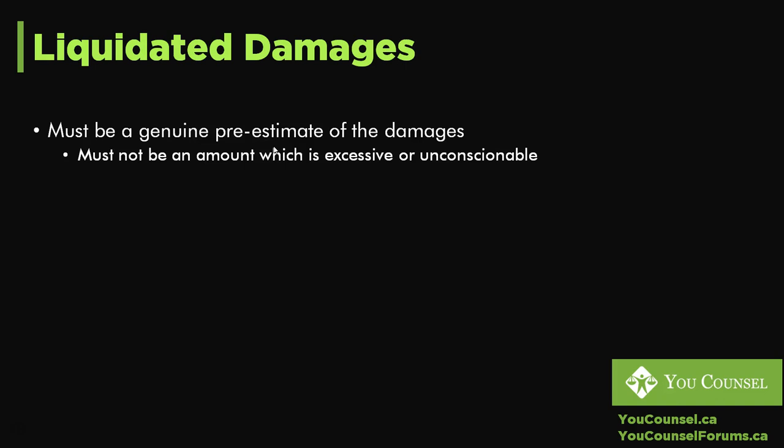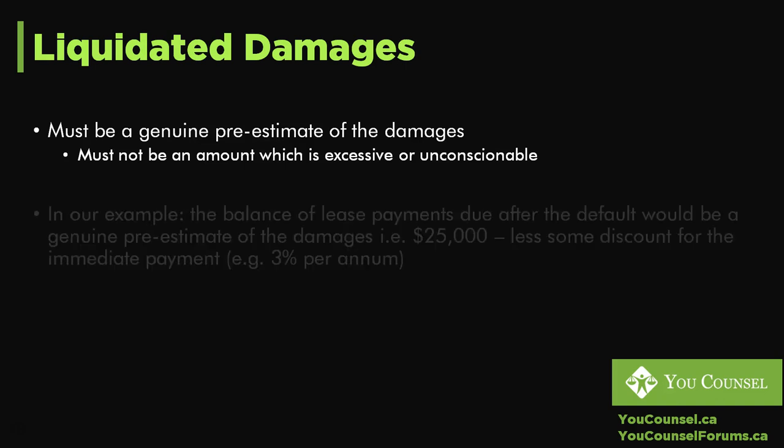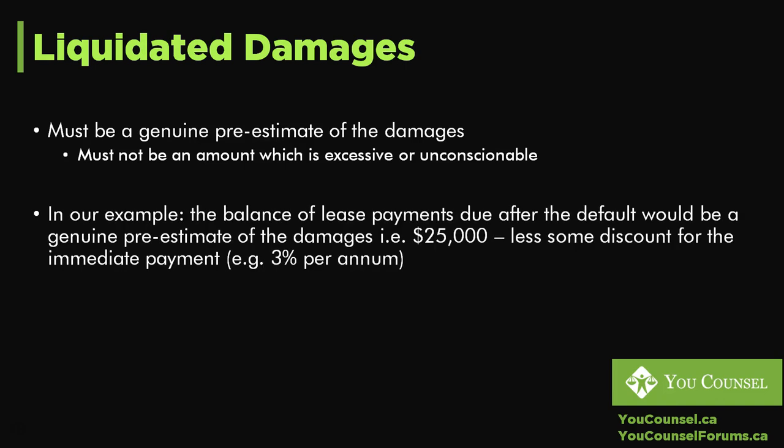So in our example, the genuine pre-estimate really is $25,000 because that's the amount of money that's outstanding, less some discount because the payment is being made immediately. And so, for example, the lease agreements would indicate about a 3% per annum discount on this to justify that it's a genuine pre-estimate and not a penalty, right?